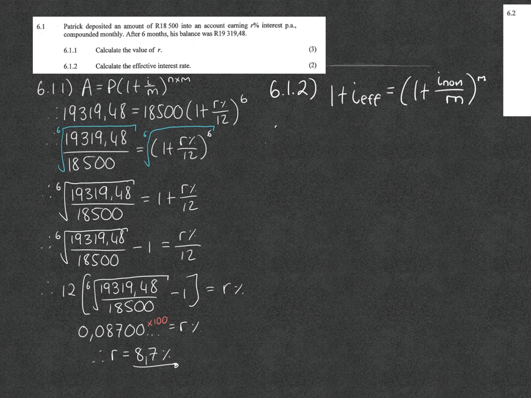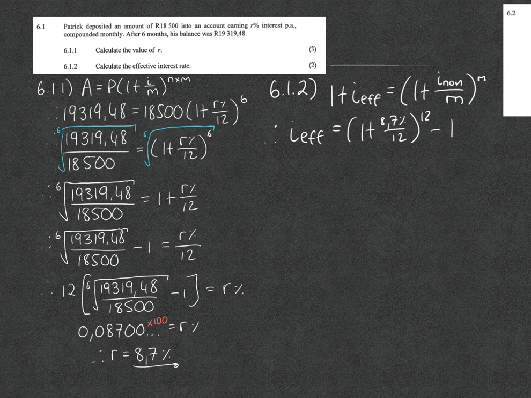Okay, so therefore, i effective equals 1 plus my nominal interest rate, which I have as 8.7% over 12 to the 12, minus 1. Notice how I've brought that 1 over.